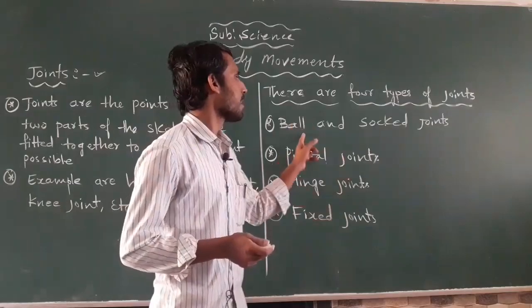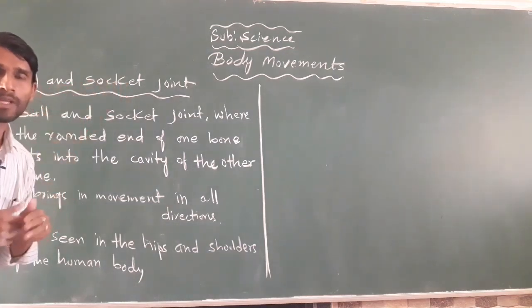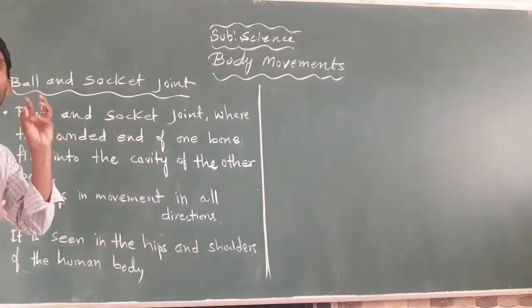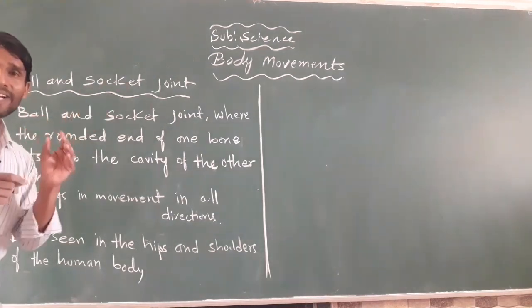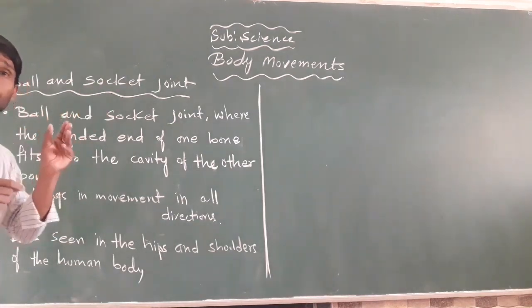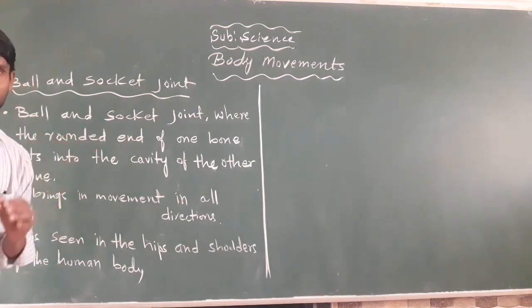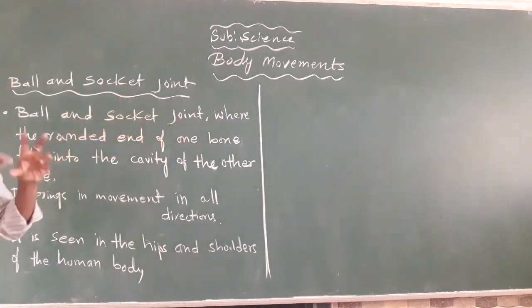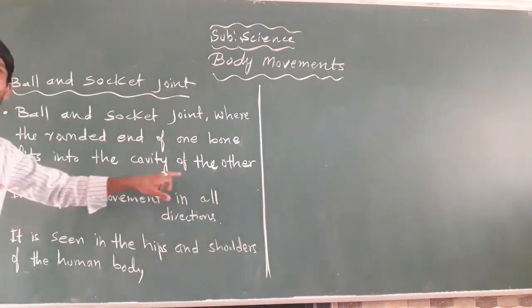First I am taking the ball and socket joint. Dear student, the name itself represents it: ball means round shape, with the rounded end of the bone fitting into the cavity of the other bone.